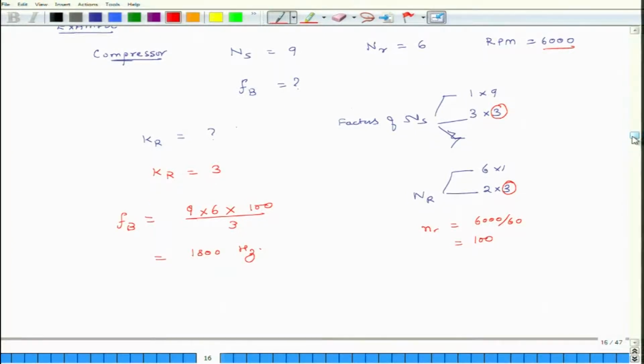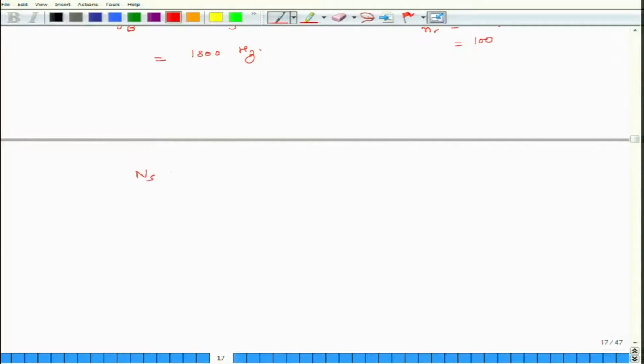Now, let us consider another case. This could be an extreme case where Ns is equal to 36 and Nr equals 24, and RPM is still 6000. Then what is FB? Again we have to compute Kr, and just to recap, how do we compute it?